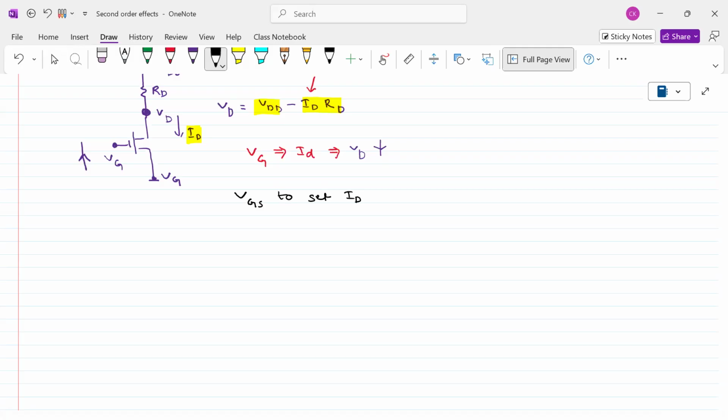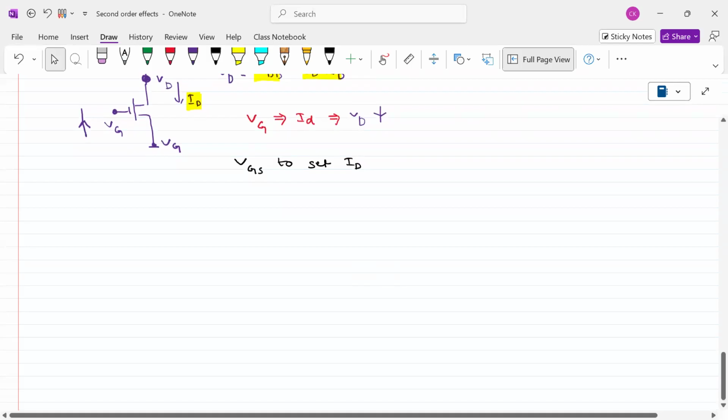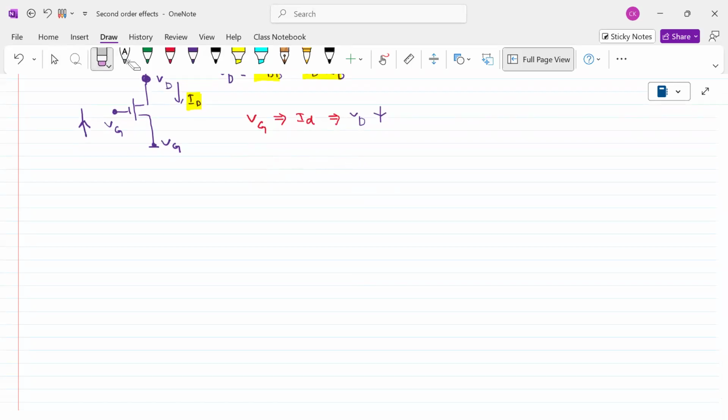I'm not saying that the reverse is the case here, but let us understand this point. Assume the saturation current is given. Then they're asking you to calculate what VG is needed to get that ID.